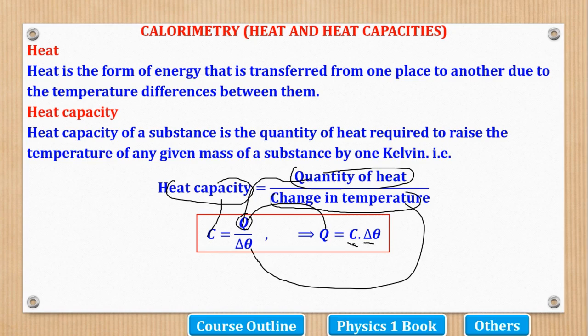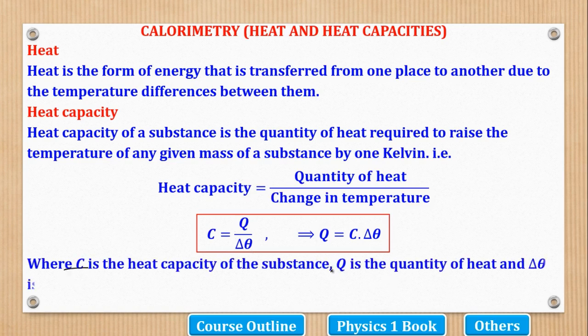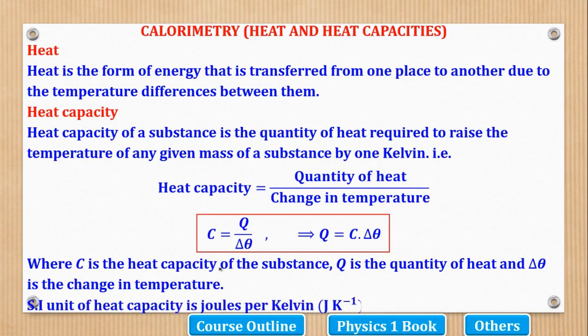Remember that heat capacity is an uppercase letter, because when it is lowercase, it means something different, as we shall see. The SI unit of heat capacity is joules per Kelvin.